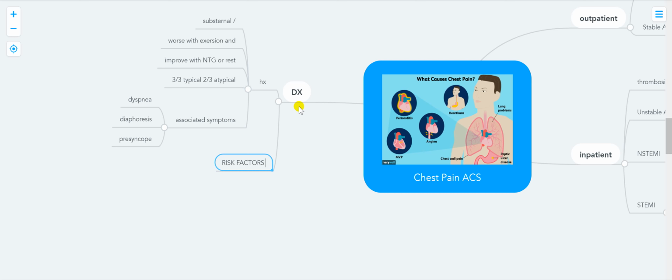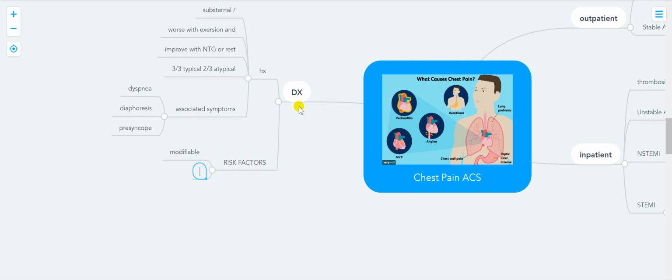What are the risk factors? We have modifiable risk factors and non-modifiable. The non-modifiable risk factors: age, and sex, more than 55 for women, sorry, and more than 45 for men.